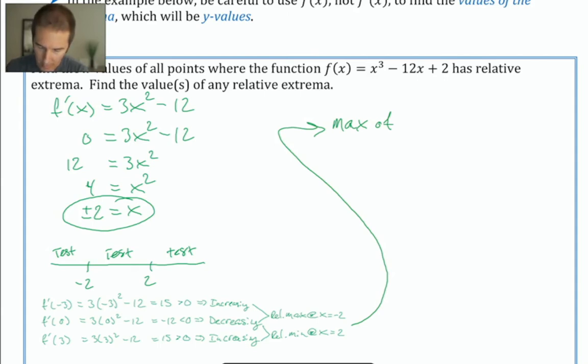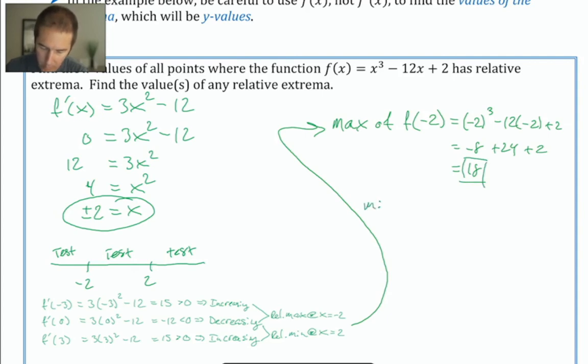So relative max of f of -2, which equals -2 to the third power minus 12 times -2 plus 2. That is -8 plus 24, which is 16 plus 2 makes 18. So we have a max of 18.